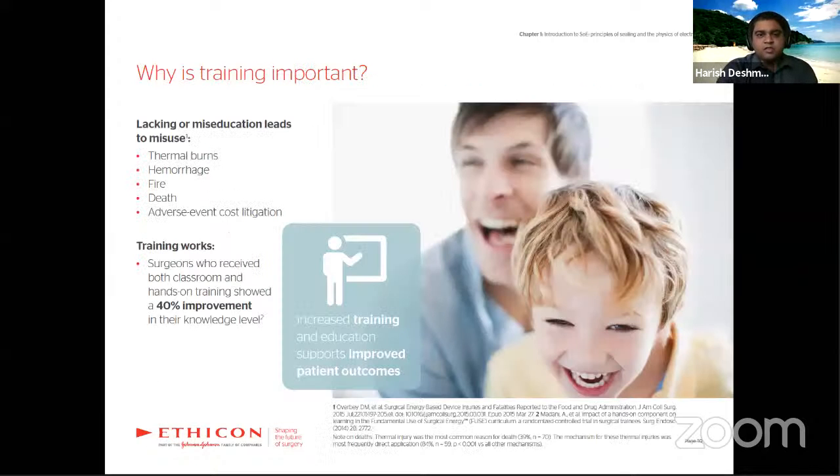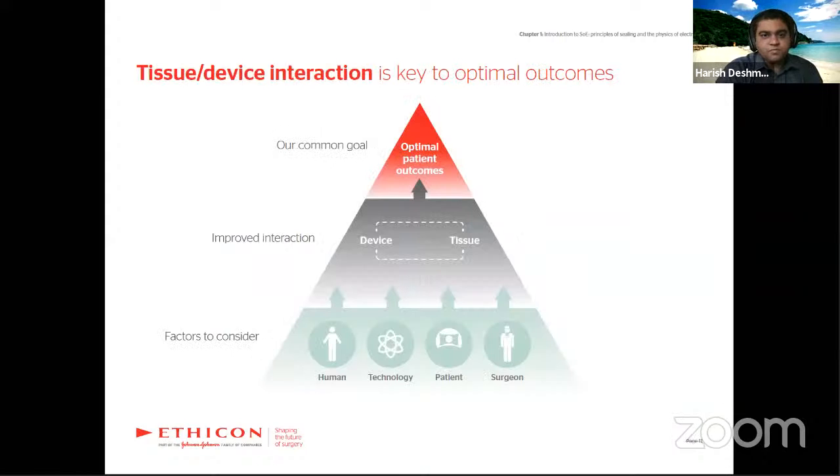That is why this training is important, because this can lead to more adverse events than regular surgery, which can affect the patient outcomes overall. We'll see in the coming slides how patient outcomes can be adversely affected, or how it can increase the cost of surgery or the cure for the patient in case of improper use of the energy sources.